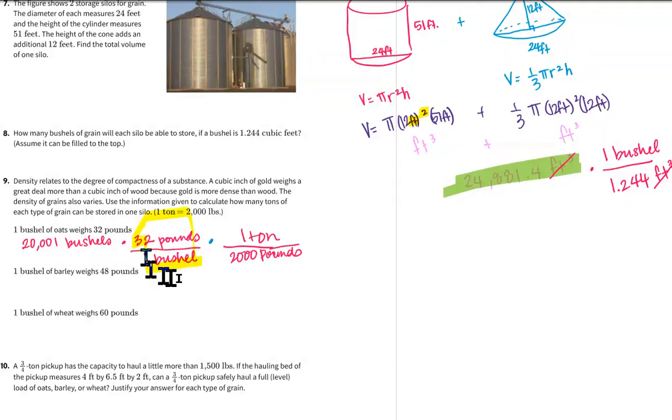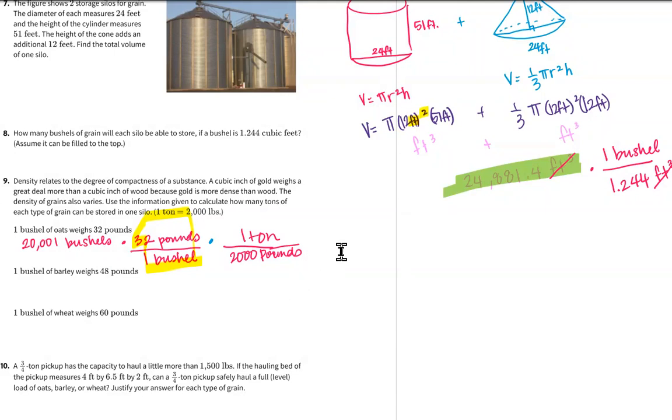It doesn't look like the number 1 because it's 32 pounds in 1 bushel, but in reality, this is the number 1. It's just because they have different units that it does not look like the number 1. Imagine a $20 bill divided by twenty $1 bills, right? The value is still the same. It's $20 divided by $20, even though one $20 bill looks very different than twenty $1 bills.